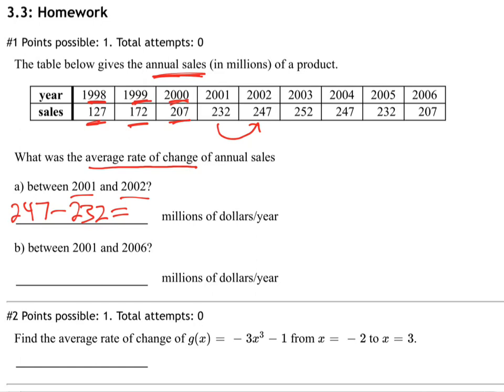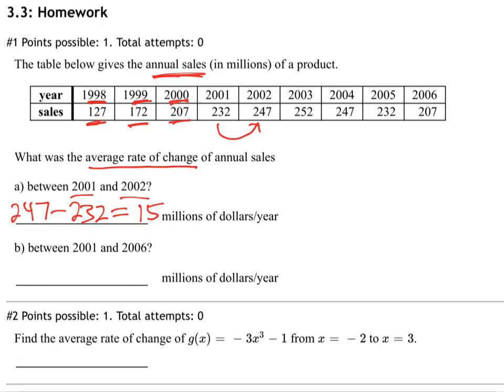Does that make sense? They're just asking us, from 2001 to 2002, what was the change? Change means subtraction, doesn't it? So 15 million is the change in that year. That was in 1 year, from 2001 to 2002. So that was the change in sales during 1 year.